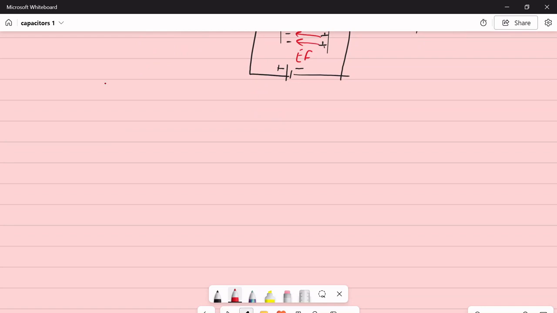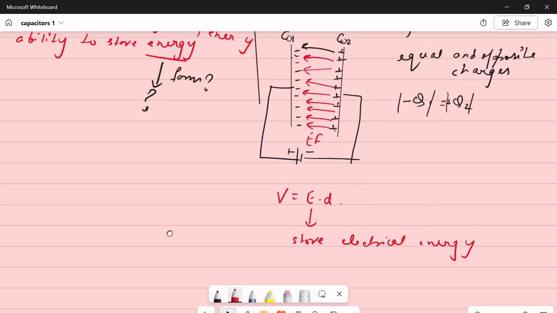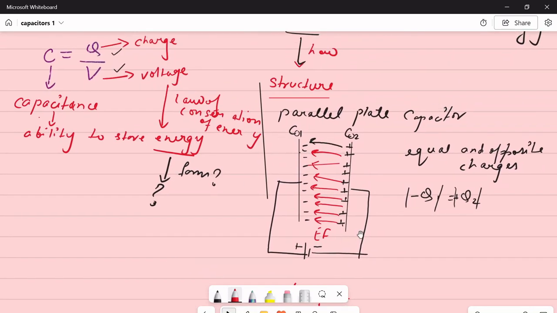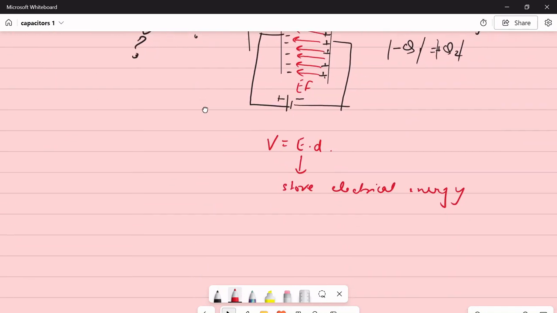If you remember from the previous classes, how are voltage and electric field related? So V is equal to E dot d. Electric field is a way to store electrical energy. How? Let us understand that. Now, if you carefully notice this pattern over here, you will find it's kind of polarization.